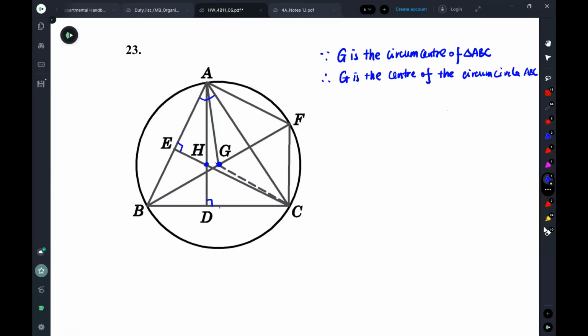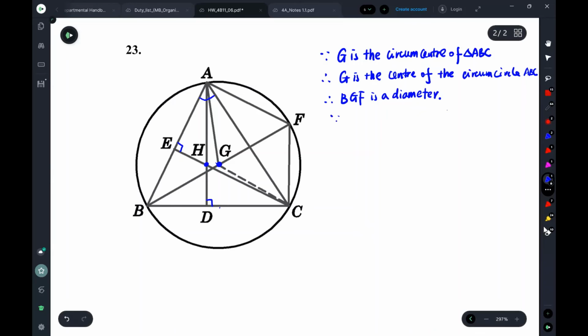So it's not just the circumcenter, it's the center of this circle shown. Therefore, BGF is a diameter. That's very important, and then we can continue.